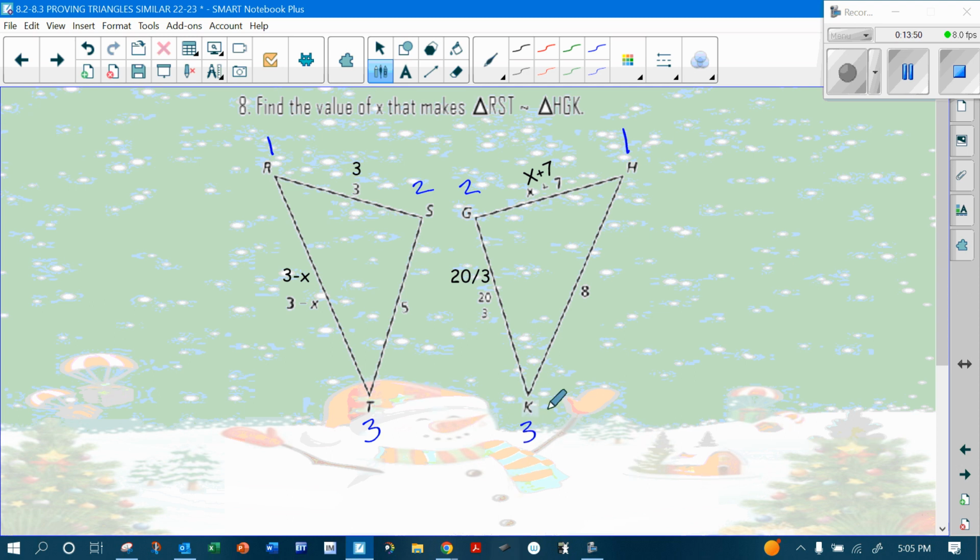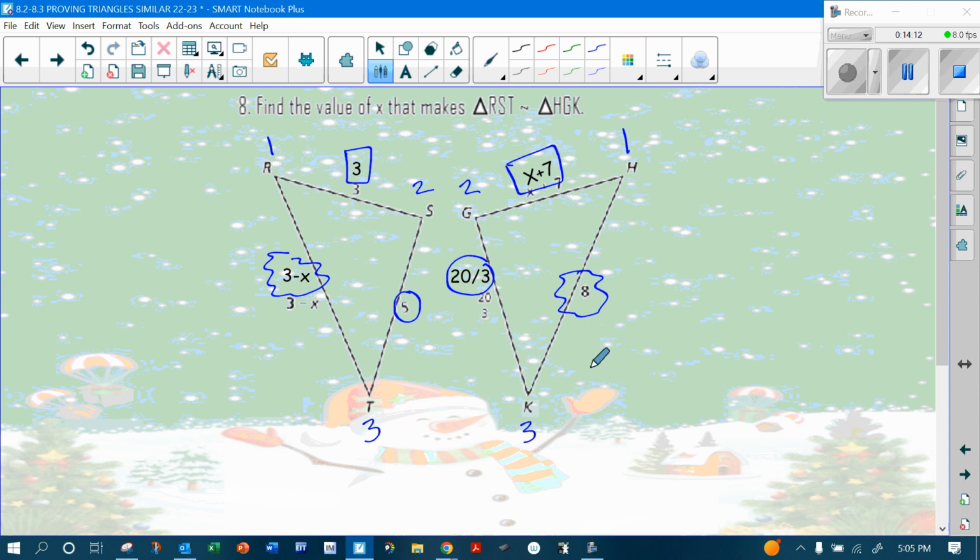So what I'm going to do is I know that this 2, 3 goes with 2, 3, and I know that 1, 2 goes with 1, 2, and I know that 1, 3 goes with 1, 3.